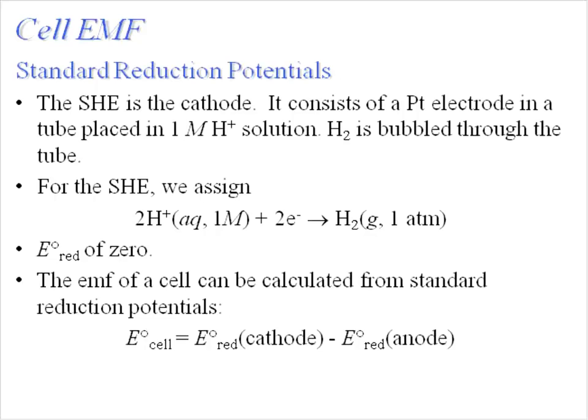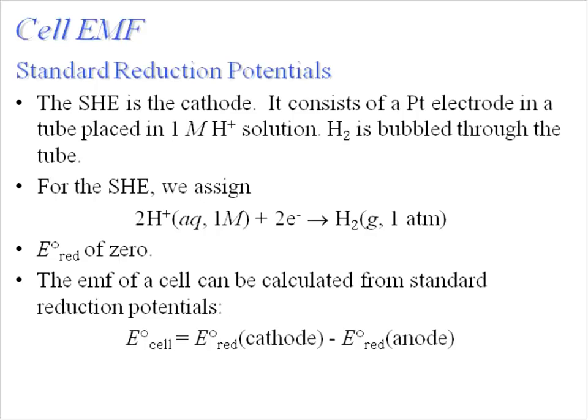Now, what about standard hydrogen electrode? When we attach the word standard, then you have to take 1 molar H plus solution, and the hydrogen gas that you are going to pass should be at 1 atm pressure.